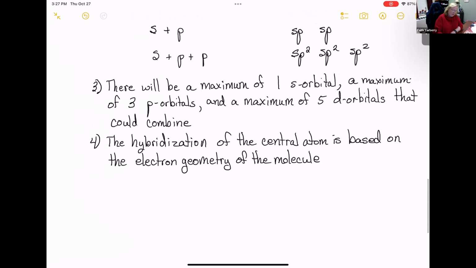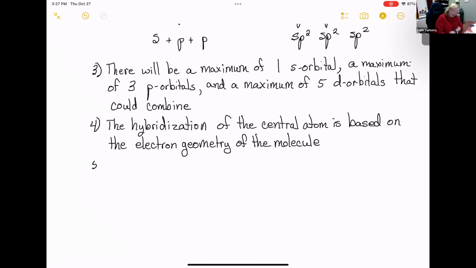And the last key point that came up in this particular video is that there are 2 types of bonds, which are called sigma and pi.